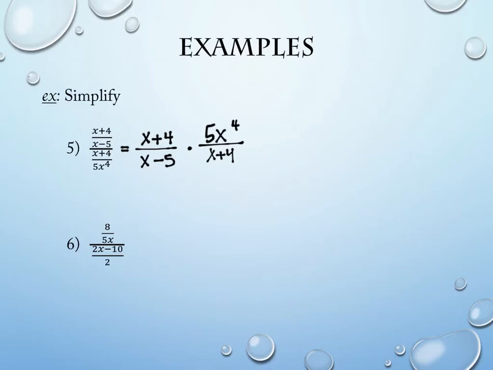And then again, I'm looking along diagonals to see if I can reduce anything, and sure enough, there's an x plus 4 here and here, right, on that diagonal. The other one has a 5 in it and an x in it, but there's a separation with subtraction down here, so those are terms, not factors. I can only cancel factors. So I don't have the ability to actually reduce anything else. So I have 5x to the fourth over x minus 5.